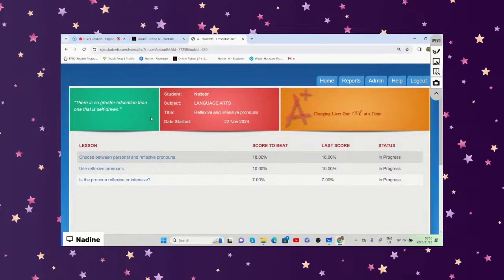And our reflexive pronoun needs to refer back to the subject that we are talking about within our sentence, right? And then we also spoke about intensive pronouns, and the intensive pronoun is only used for emphasis on a specific noun within a sentence, not just the subject itself.